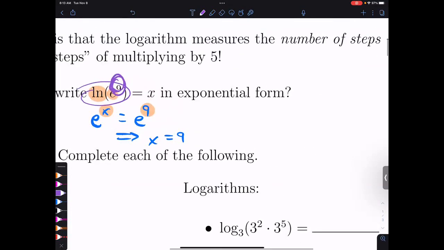The same thing is true, and this always looks a little weird, if I did e raised to the natural log of 9. That's a function and its inverse, the same 2 functions in the other order, and those basically cancel each other out. Okay, that makes sense.